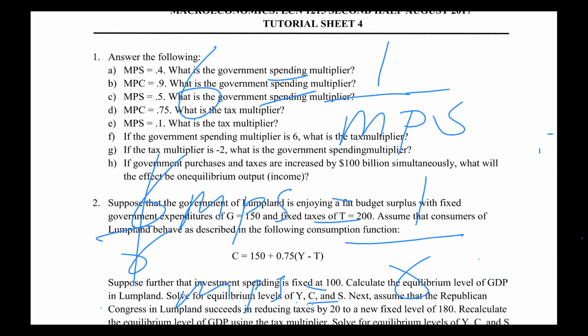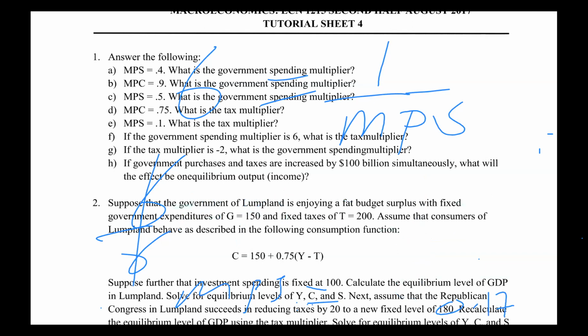0.16, the 6 is recurring. So can I say 0.17? Yeah, it's 0.17. So 0.17 is our MPS, right? Then we can easily find MPC now.